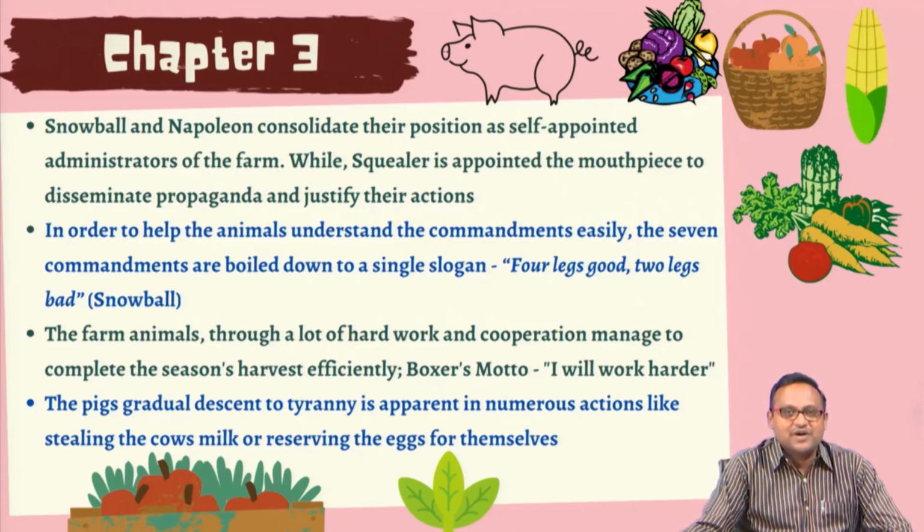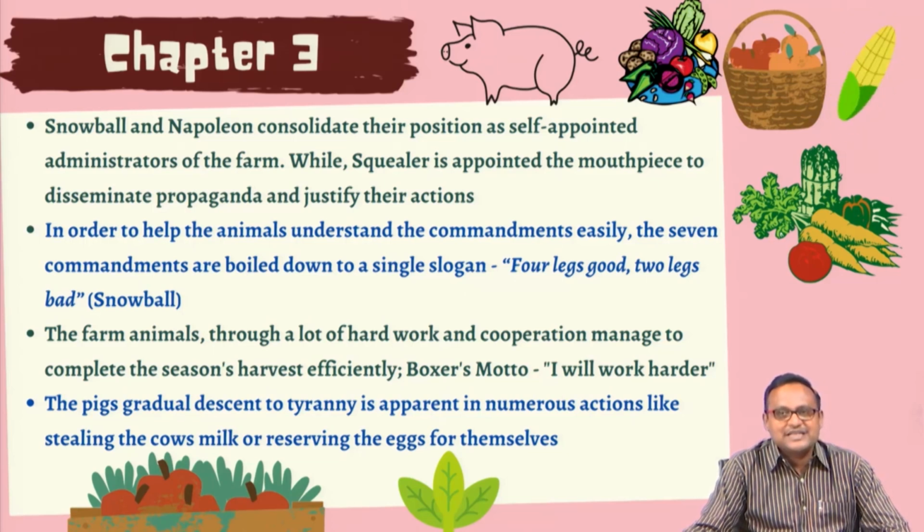So, especially Snowball and Napoleon emerge as major leaders, and Squealer is appointed as a kind of mouthpiece, because whatever policies the pigs develop under Snowball and Napoleon's leadership, Squealer disseminates among all other animals.